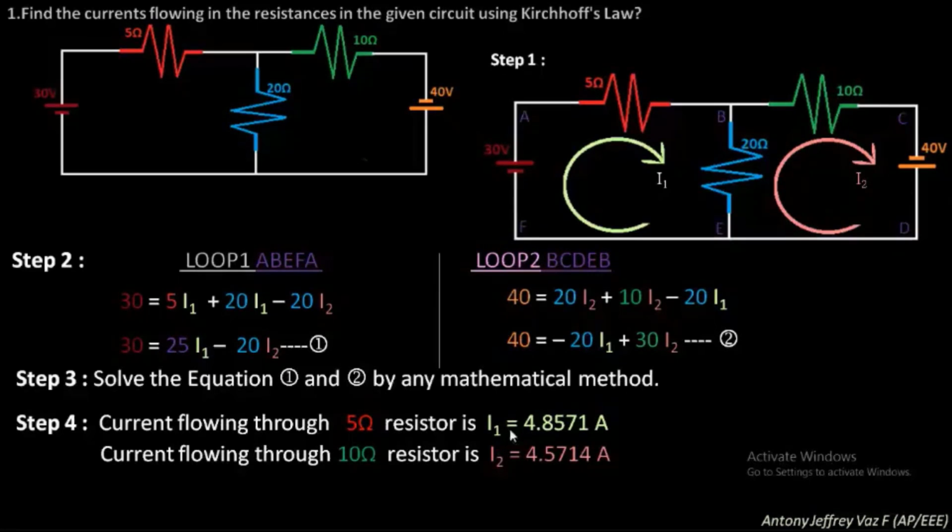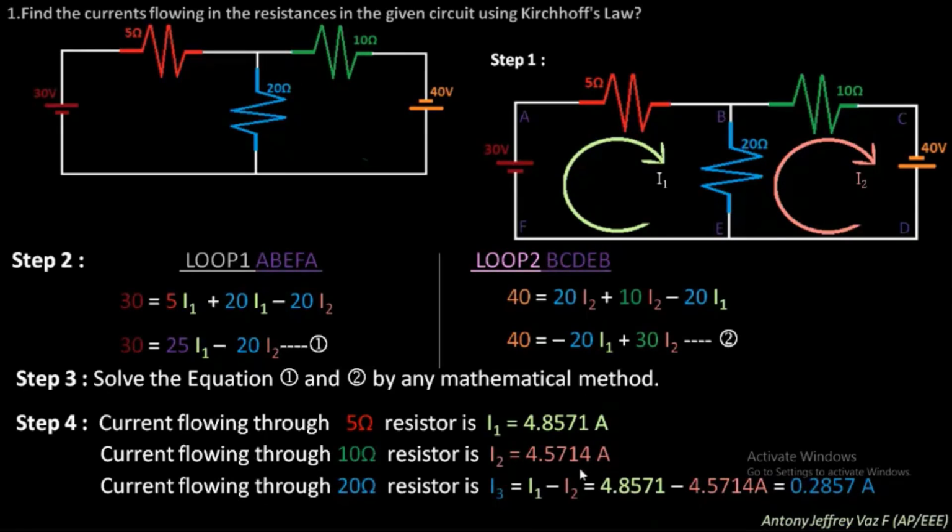Next, the current I2, which is flowing in the 10 ohm resistance. The current I1 flows through the 5 ohm resistor, whereas in the 10 ohm resistance the current I2 flows. For I2, you will have a rating of 4.5714 amperes.